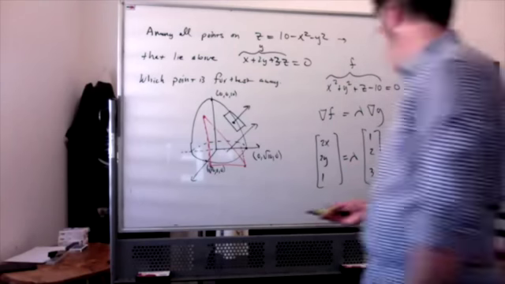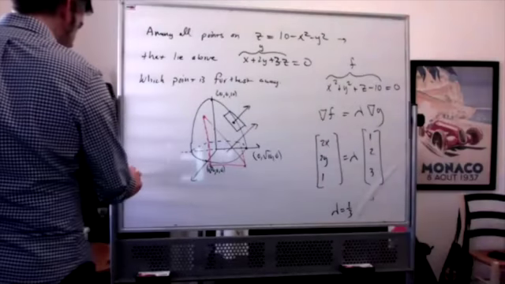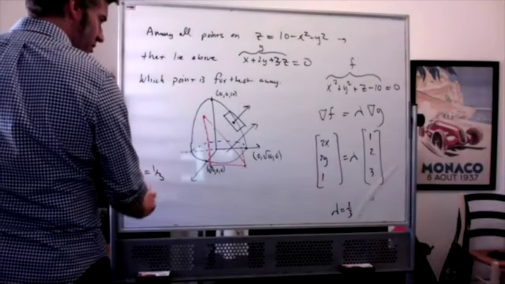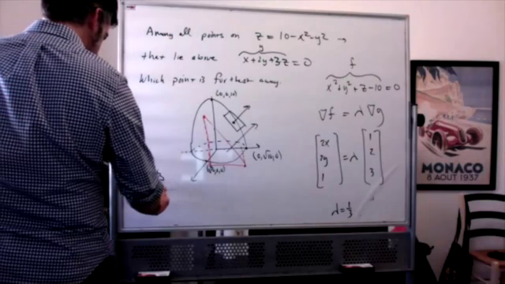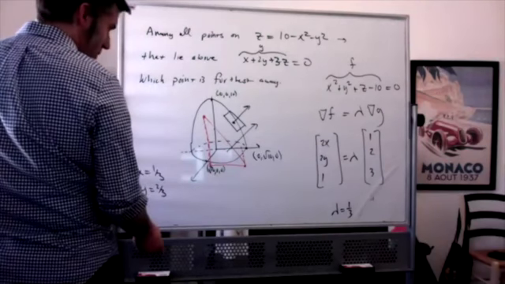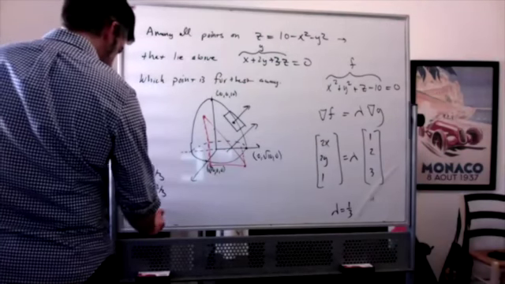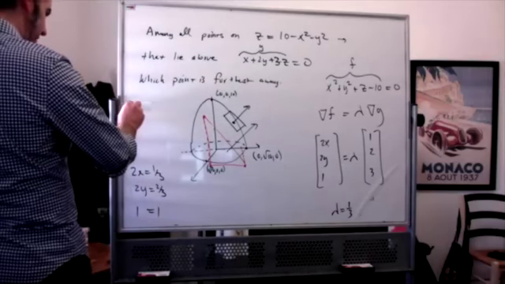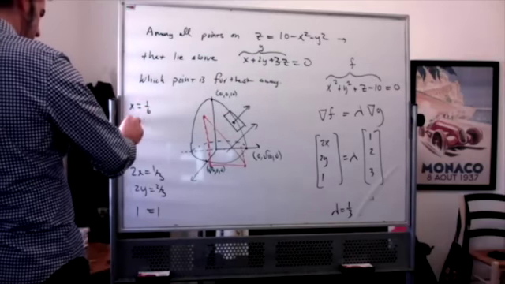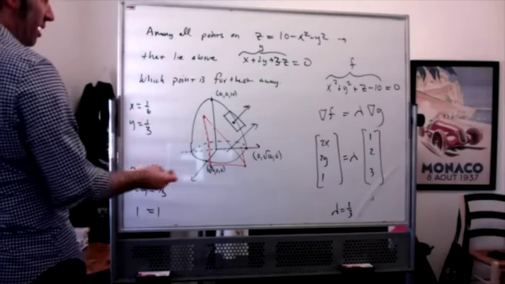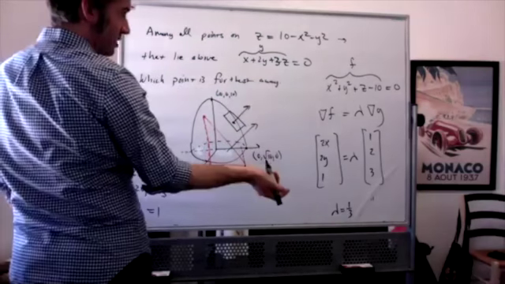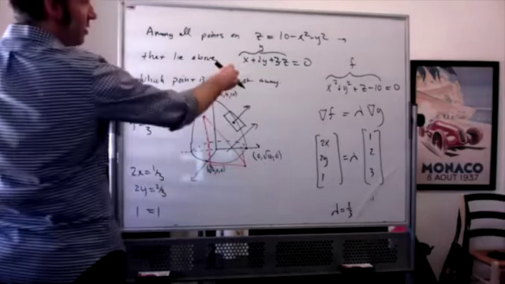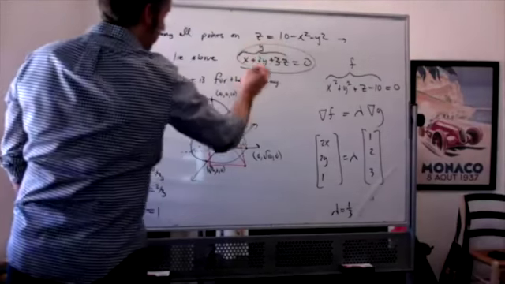So we can say that 2x equals 1/3, 2y equals 2/3, and 1 equals 1. So we get x equal to 1/6, y equal to 1/3, and plugging back into this equation to solve for z, sorry, not this equation, we're not on this surface, right?